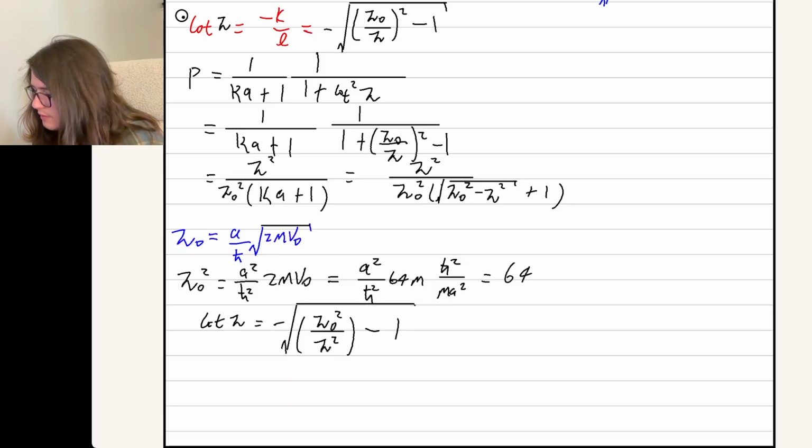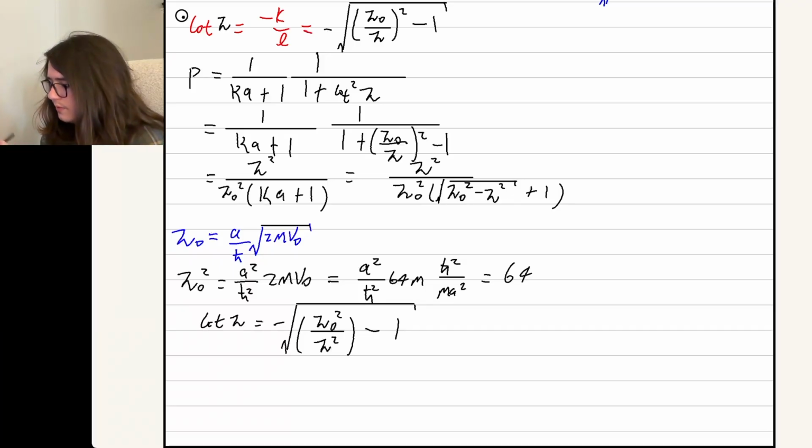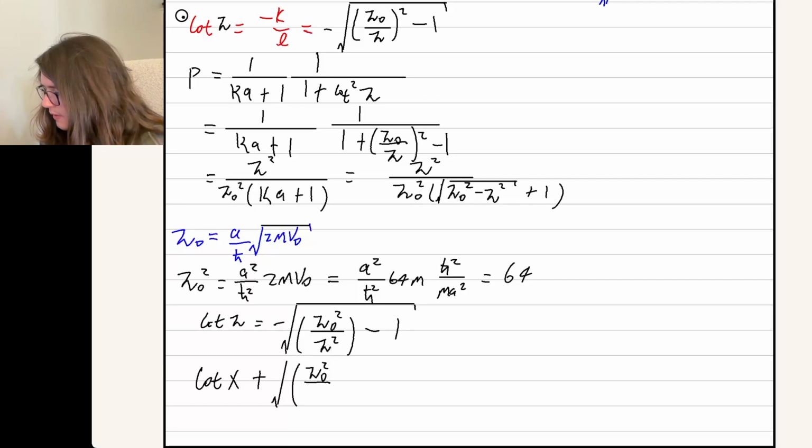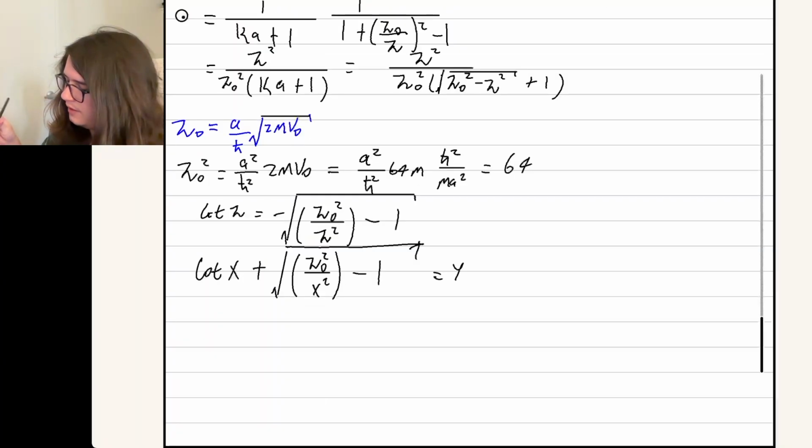So if you go to Desmos and then you rearrange this so that it's like cotangent x plus square root z naught squared over x squared minus 1 equals y, and then plot it and find the points where it crosses the x-axis.